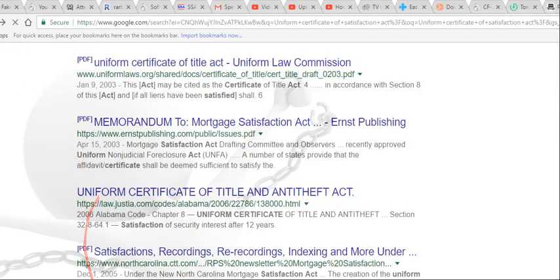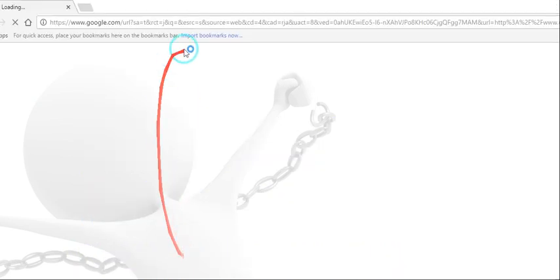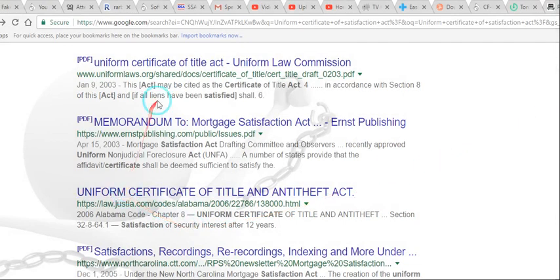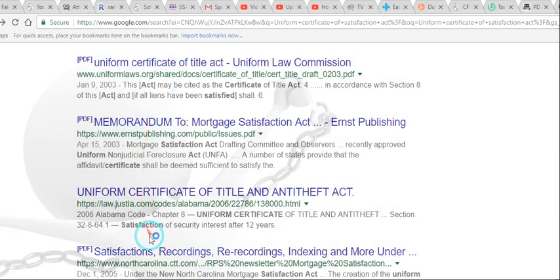Get out of here. Okay, we're gonna do it one more time. Oh, you disappoint me, honey. I didn't ask for a new window. Did I ask for a new window? Did y'all see me ask for a new window? Then that was a mistake. I want a new tab.